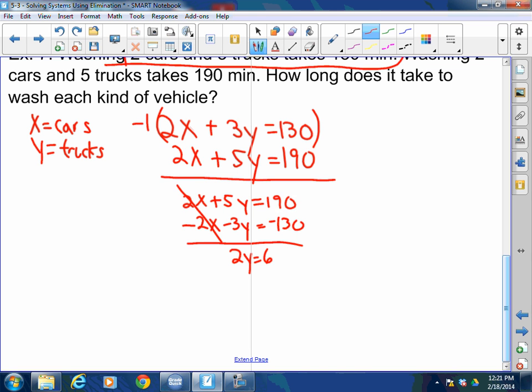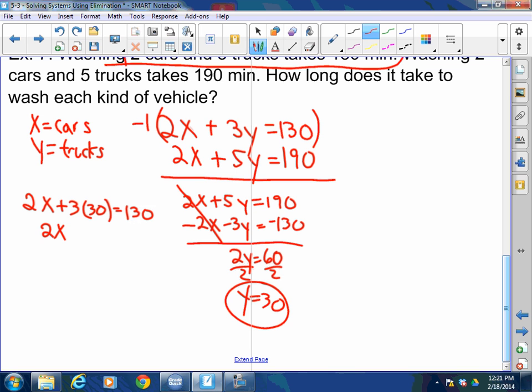2y equals 60, divided by 2. y equals 30. Now that y equals 30, who do you want to plug it into? Top equation? Cool beans. 2x plus 3 times 30 equals 130. 2x plus 90 equals 130.